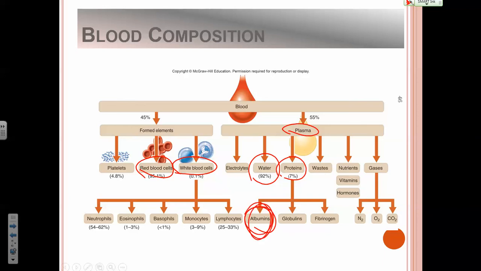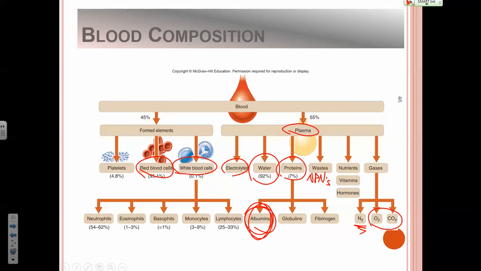So do you see how you can talk through all of this? And then various electrolytes are there. The waste products, a lot of these are those NPNs, the urea and so forth. All kinds of waste products. Gases, you can see, you have nitrogen, which doesn't do a whole lot, really. It just kind of goes in and goes out. But you have oxygen, CO2, dissolved.